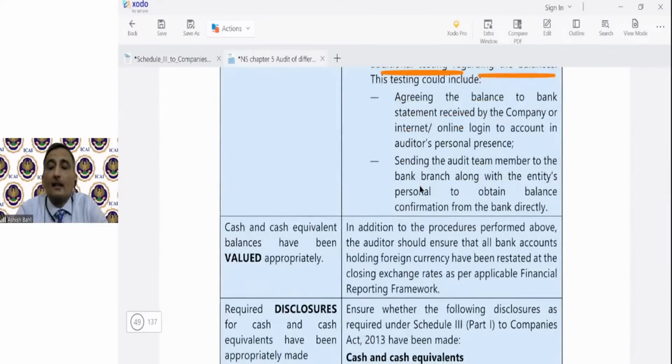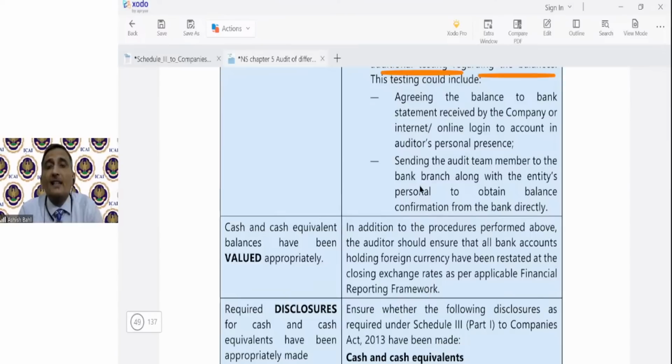And students, now we come to the valuation requirement in respect of cash and bank balances. You students would be asking, what does valuation mean in cash and cash equivalents? Whatever cash is there is recorded at its value, so where does the valuation issue come from? So students, it may happen that the company is having foreign currency.